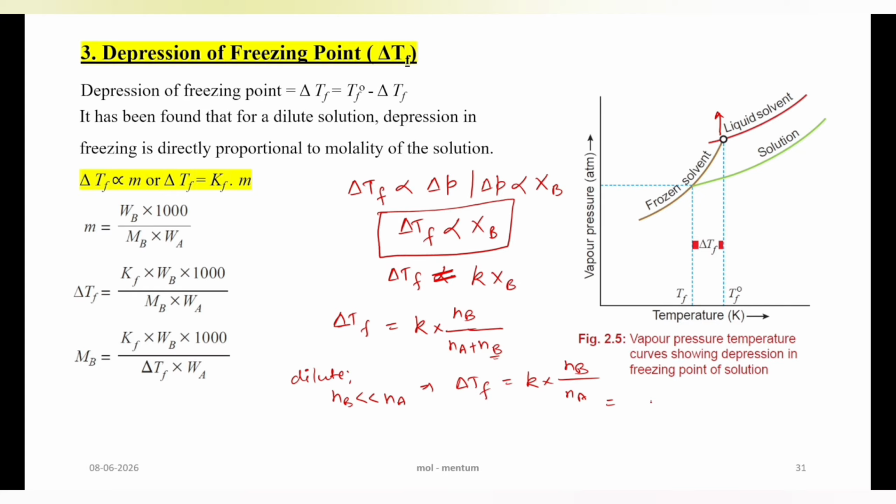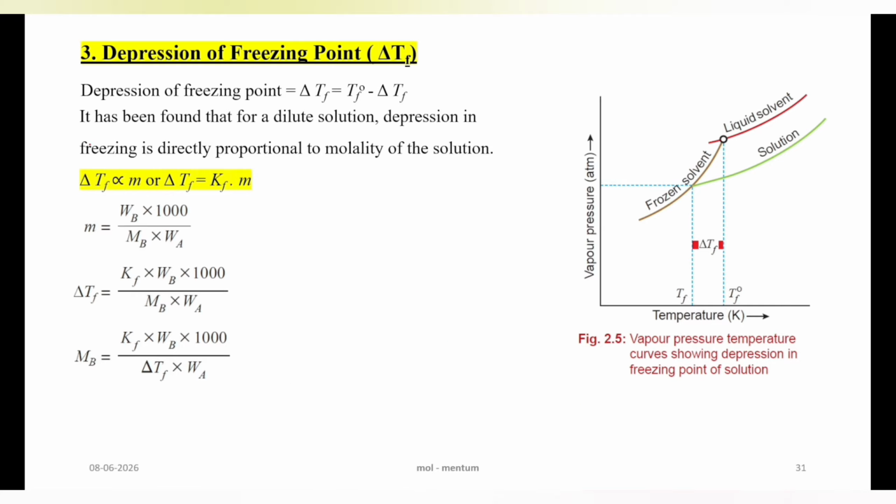If I write this expression, NB is WB by MB, and this NA is WA upon MA. When we rearrange it, WB by WA is the molality, m. So delta TF is directly proportional to molality.